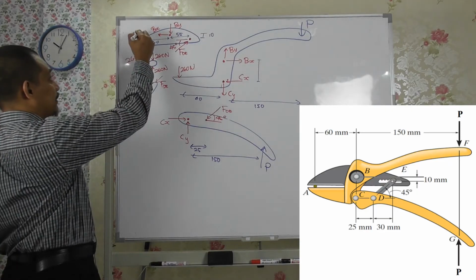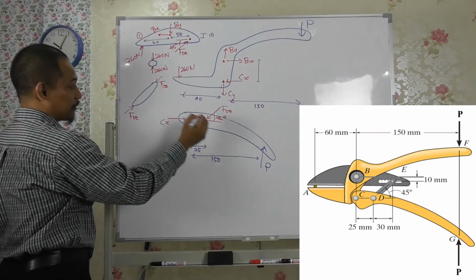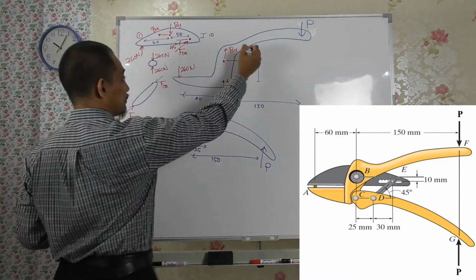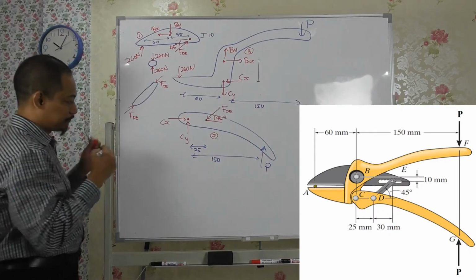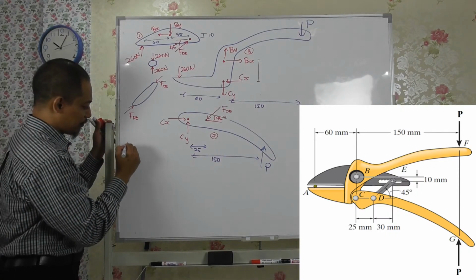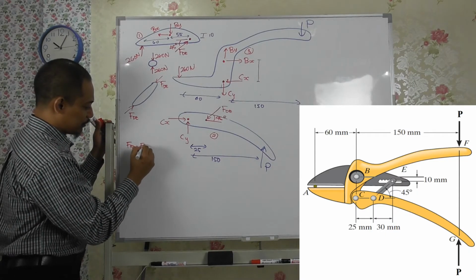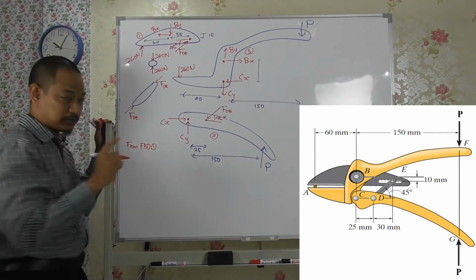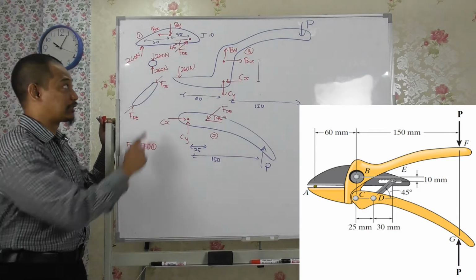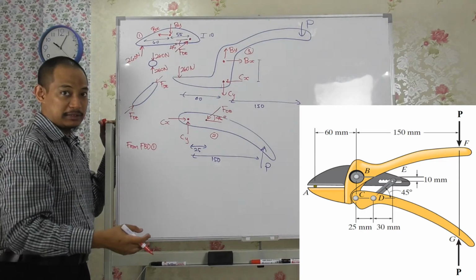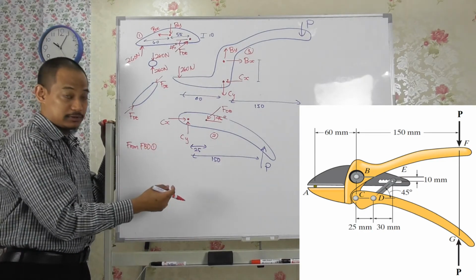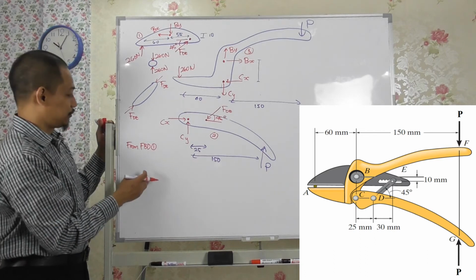So let me use this as my free body diagram 1, and this is 2, and this is 3, right? So if I use from free body diagram 1, of course I can say these things like this because I already labeled it, right? So if you have not numbered or anything, you have to number it first so that the examiner can follow what is going on here.